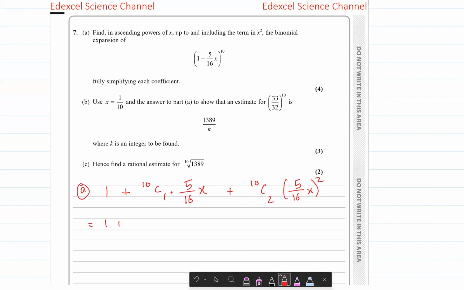Now 10c1 is basically 10 times 5 over 16x. And 10c2, you don't actually have to do this, by the way, because you can just simply use your calculator. So this is going to be 10 times 9 over 2, and this is going to be 5 over 16 whole square times x square.